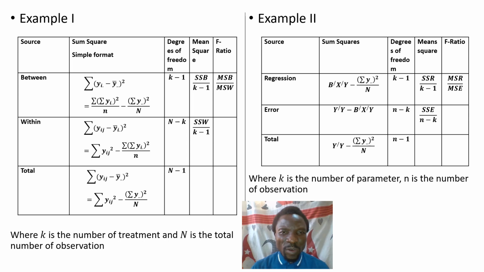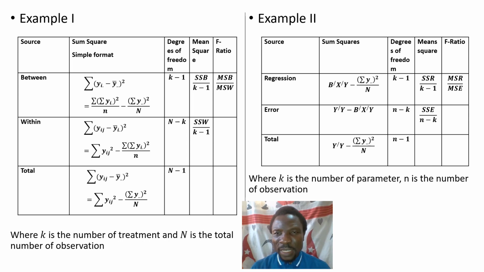It is also important to point out that the sum of squares between added to the sum of squares within must give us the sum of squares total. Then the degrees of freedom are also expressed, where k is the number of treatments and n is the total number of observations. We can then define the mean squares, and then the F ratios.